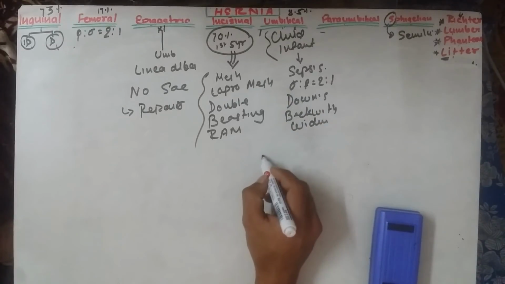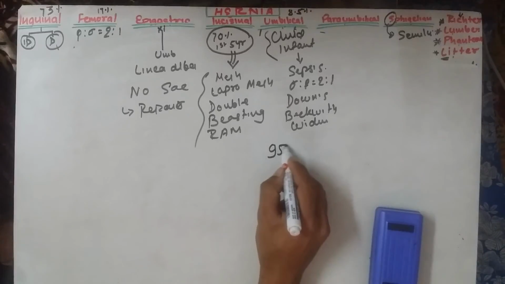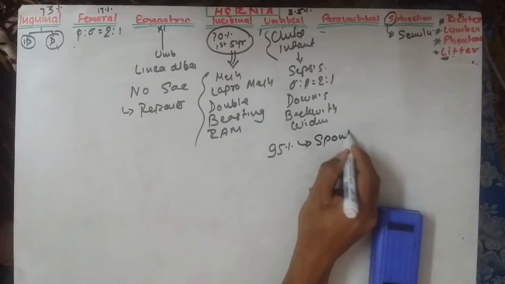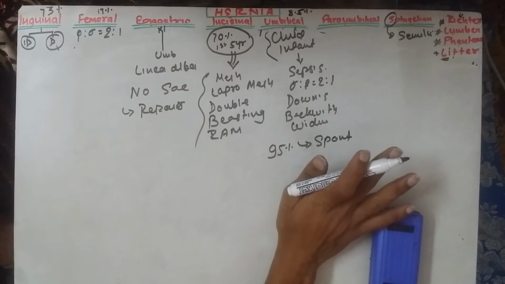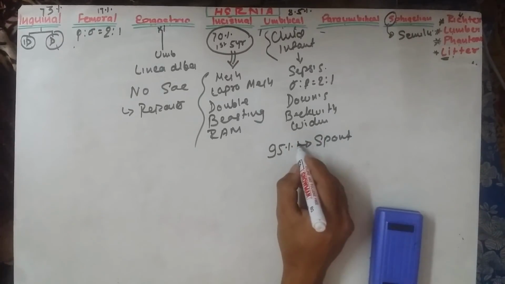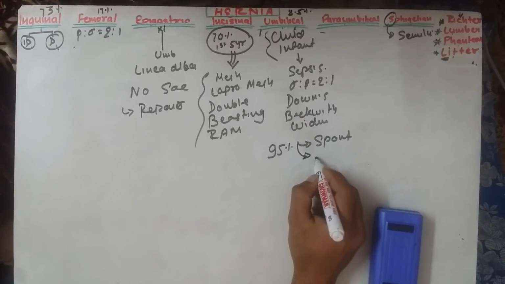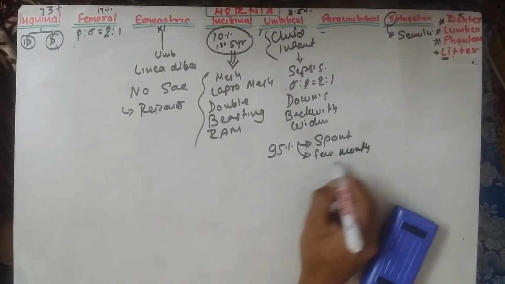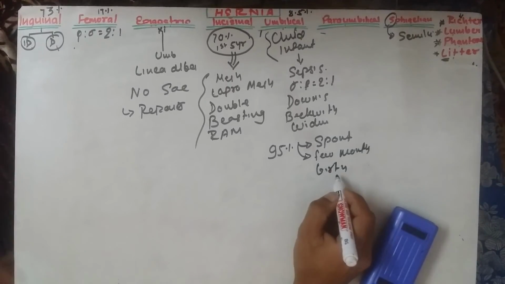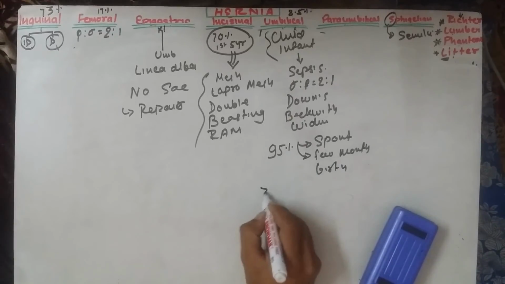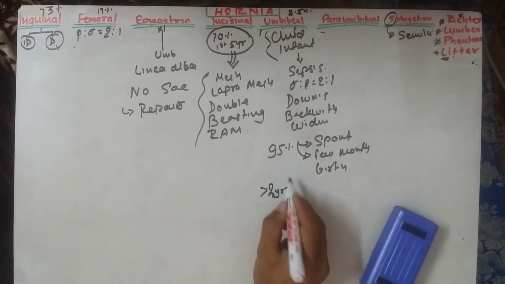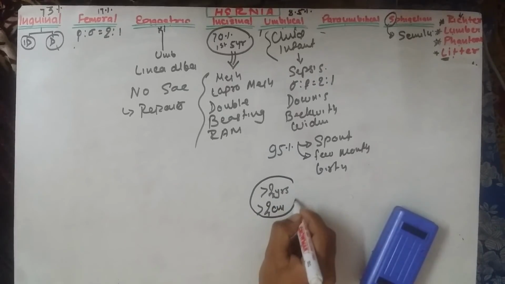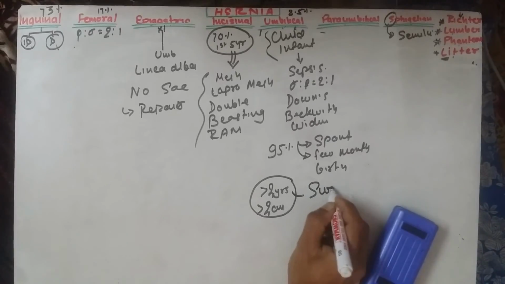Then the treatment: almost 95% of umbilical hernias resolve by themselves, spontaneous resolution, usually a few months after birth. But if it does not resolve even after 2 years, or if the hernia is more than 2 centimeters, then these are the criteria for which we go for surgical repair.